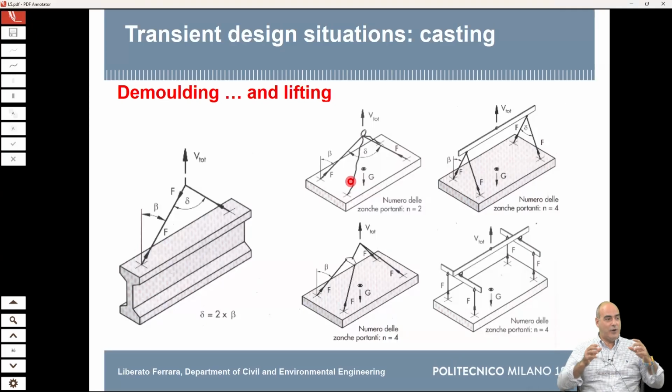A compression force at the extrados of the slab means an additional positive bending, an additional bending moment which sums up to the one due to the self-weight. So you are inducing additional lifting actions, and well, it's difficult that your element will not resist. There have been cases where your reinforcement was designed so strictly that it was not enough, considering also the overweight.